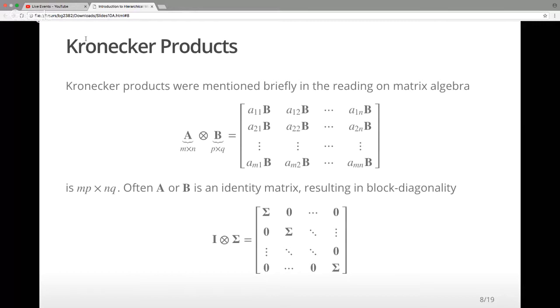That results in a big matrix that has a so-called block diagonal structure. It's not exactly diagonal because some of the off-diagonal elements are non-zero. Like the 1, 2 element of this matrix is going to be non-zero if the 1, 2 element of sigma is non-zero. Down the diagonal we have clumps of non-zero values, but away from the diagonal we have blocks of entirely 0. And this construction, identity matrix times something, is one that is going to come up in hierarchical models.